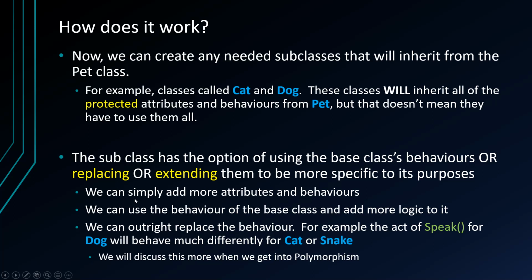So just to quickly go over this, we can simply add more attributes and behaviors to extend, which makes sense. We can use the behavior of the base class and add more logic to it, which is what I just mentioned. And we can outright replace the behavior. For example, the act of speak for dog is going to behave much differently than it will for cat or snake. But that's going to take the next lesson, which is polymorphism. We're not quite there yet, so we're going to skip that part today.